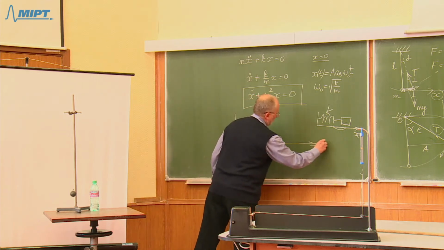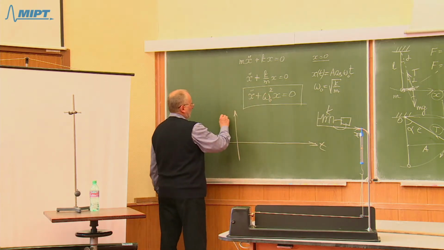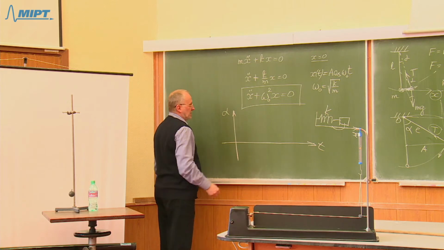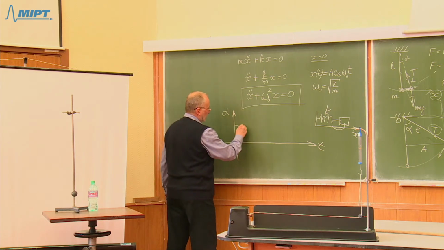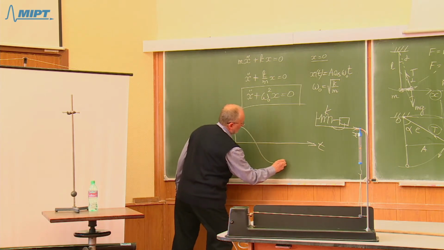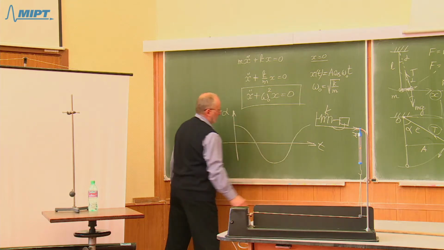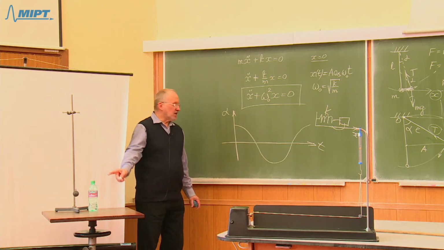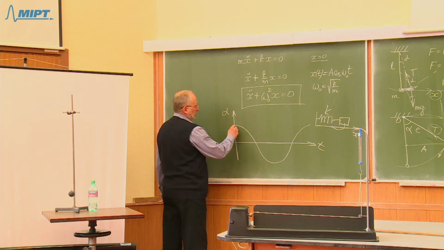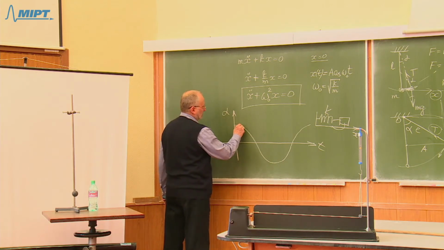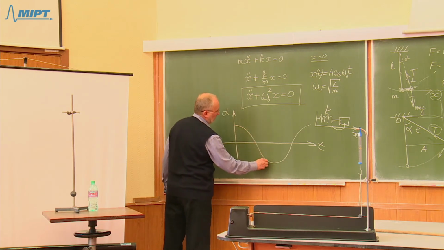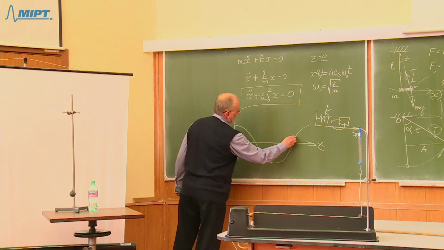For example, if this is alpha as a function of time, the cosine function is something like that. But when we have unharmonic oscillation, you will have some other function which differs from cosine.